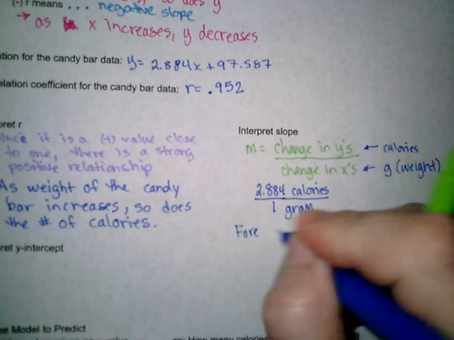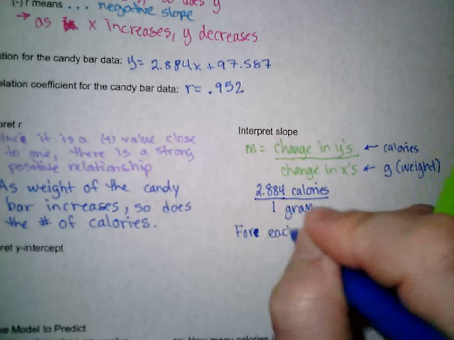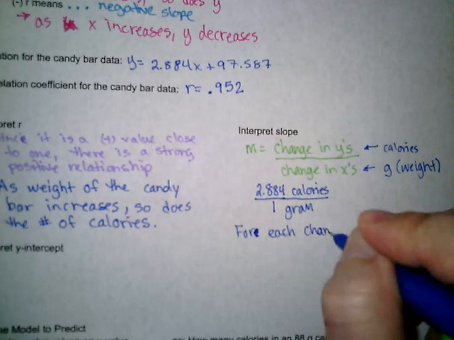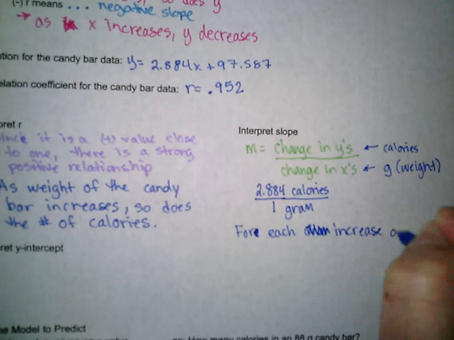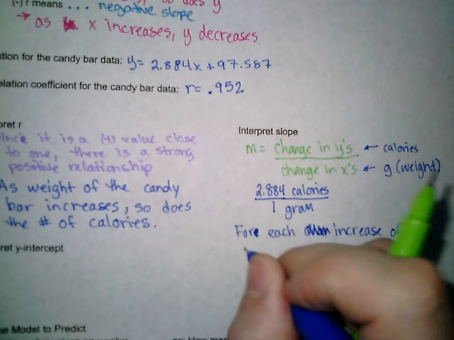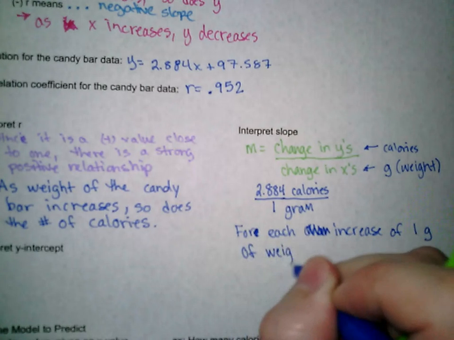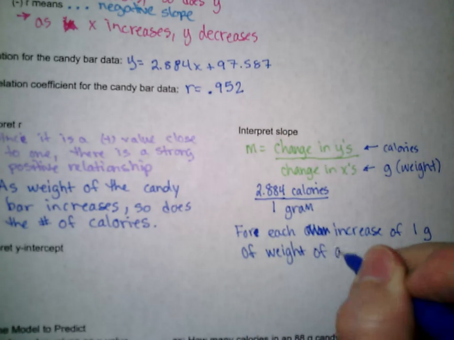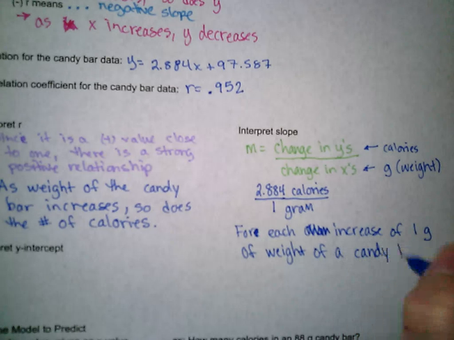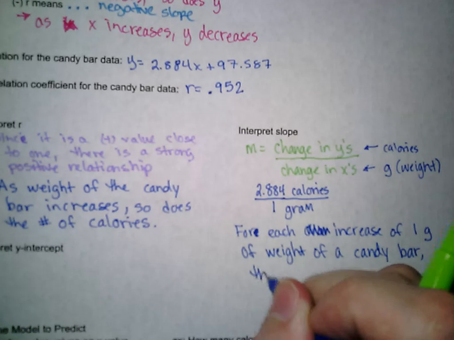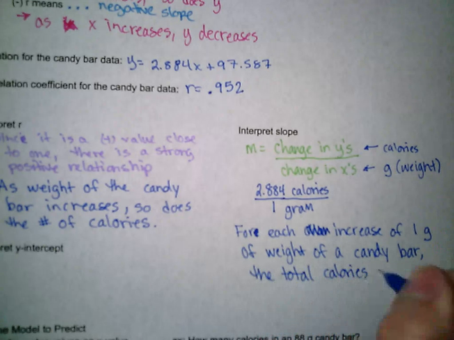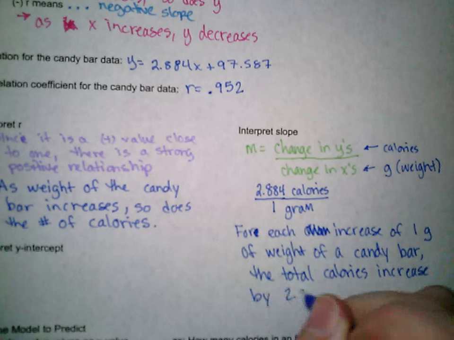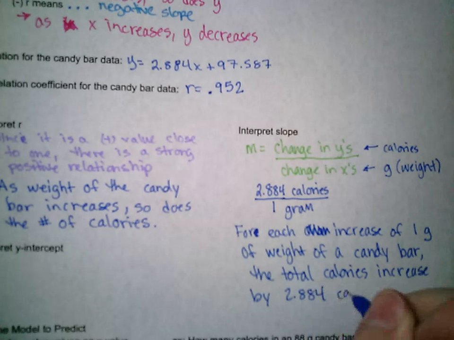So let's say, for each increase of 1 gram of weight of the candy bar, the total calories increase by 2.884 calories.